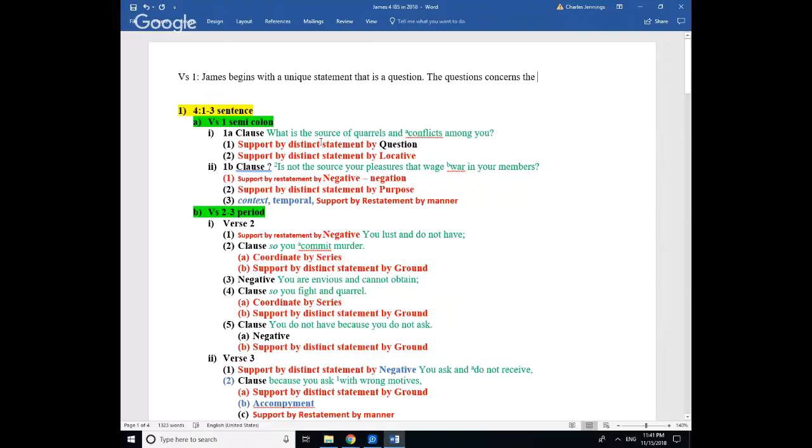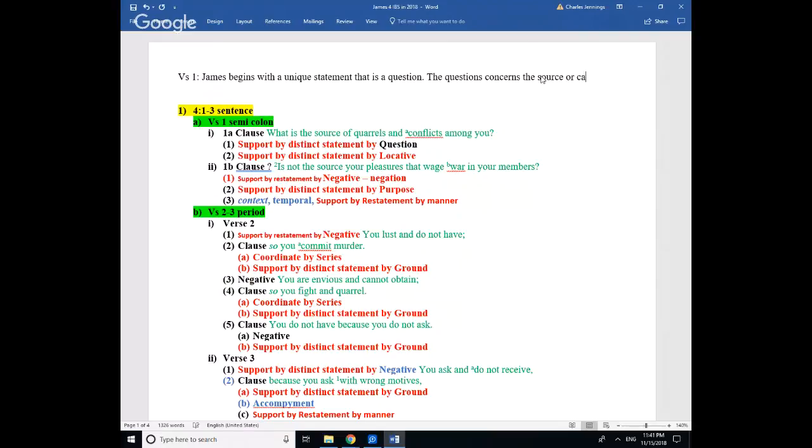I'm just giving a different word than distinct. You could use the word distinct if you want, but I think unique is better. All right. The question concerns the source, or remember what we learned from the ESV?